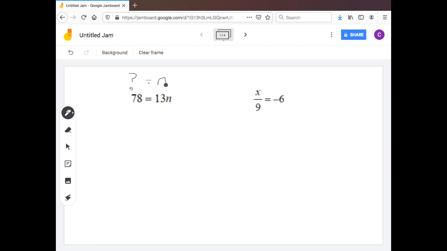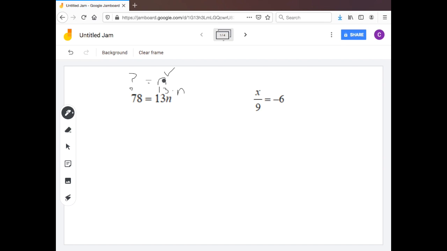The operation that you see currently is the 13n, which is basically 13 times n. And you have to think about, how do I get rid of the 13 from the n? Because remember, you want to get a number is equal to n.